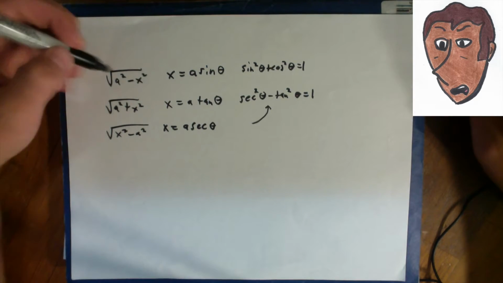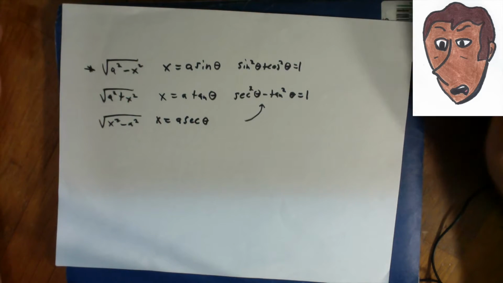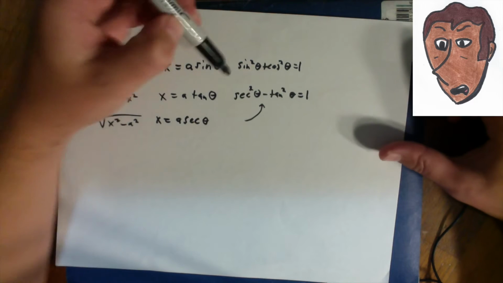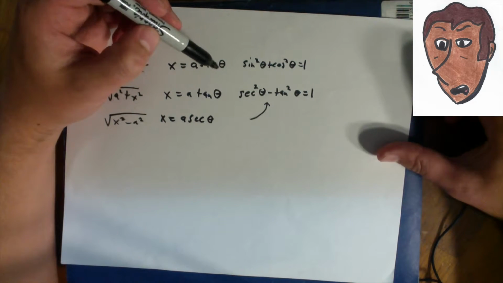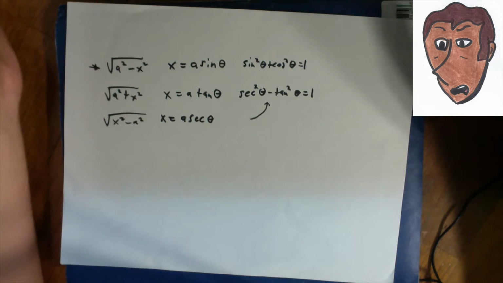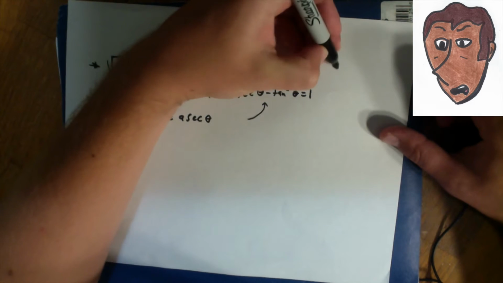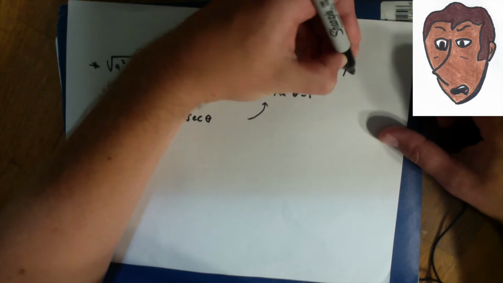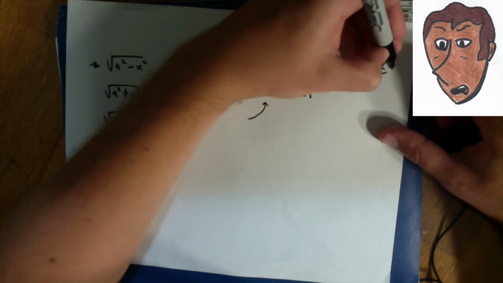So for example, for this first substitution, you should only really use it if you use this substitution for x, and your theta values, if you have a definite integral and you have bounds, your bounds stay between pi over 2 and negative pi over 2.